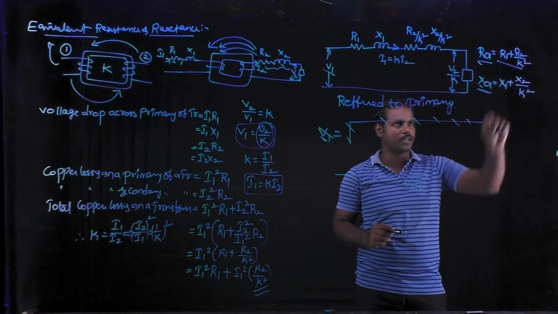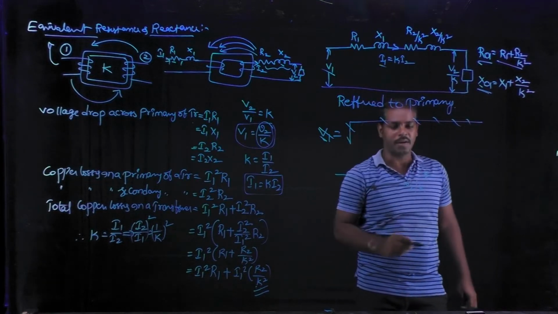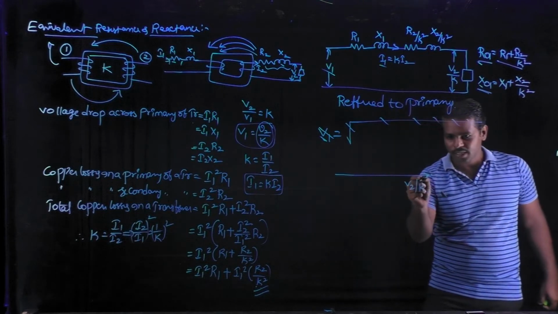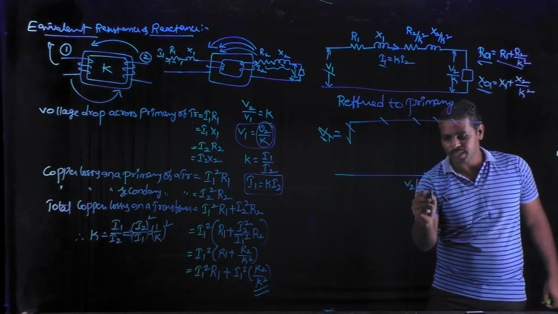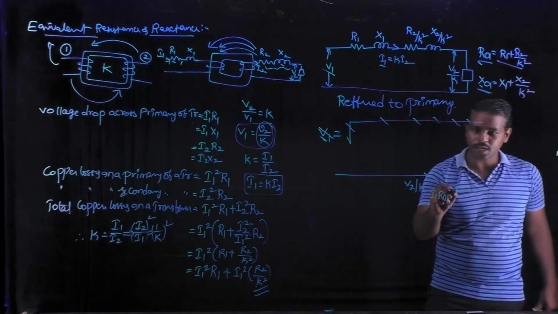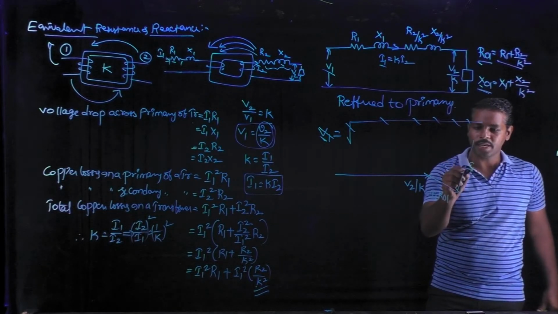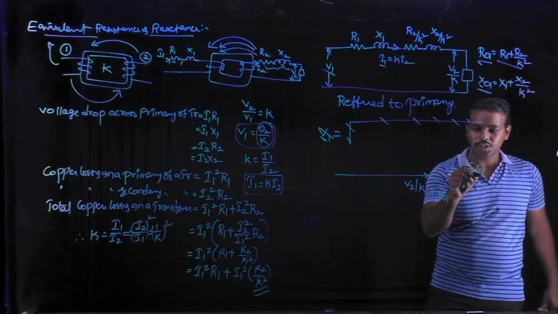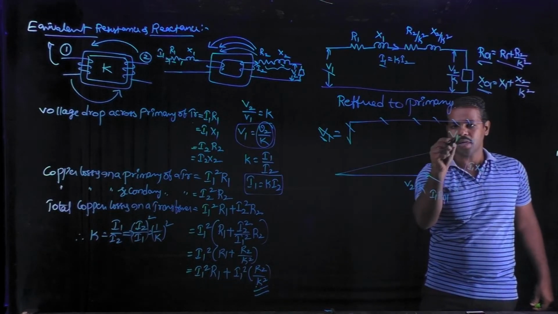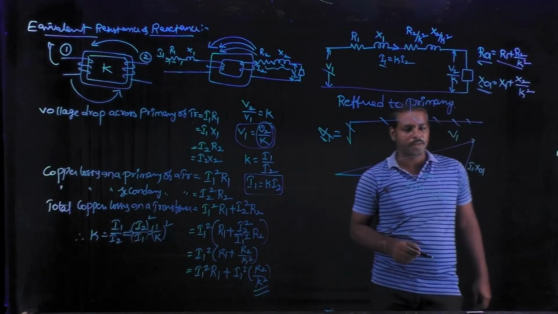The corresponding current flowing through the given circuit is equal to I1. So the voltage drop across the given circuit is I1 into R01, and I1 into X01. The resultant is equal to V1.